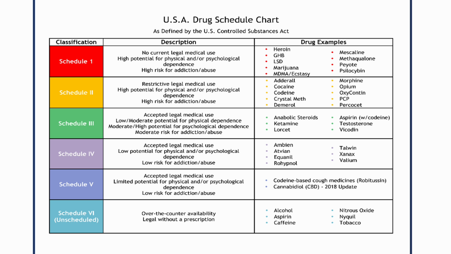So even Robitussin cough syrup, atropine sulfate, things like that, CBD oil. And then Schedule 6 is also listed on your graphic here, and these are just your over-the-counter availability. These are legal without a prescription, but also known to cause dependence as well in some cases. As you can see, alcohol, aspirin, caffeine, nitrous, NyQuil, and tobacco.